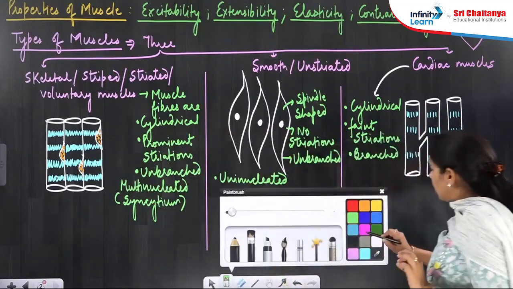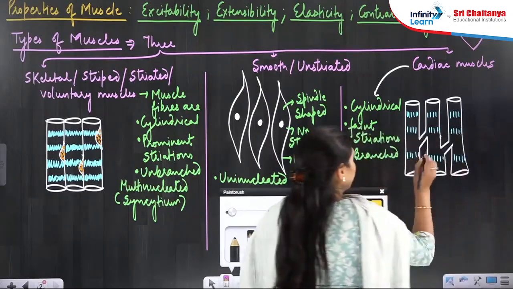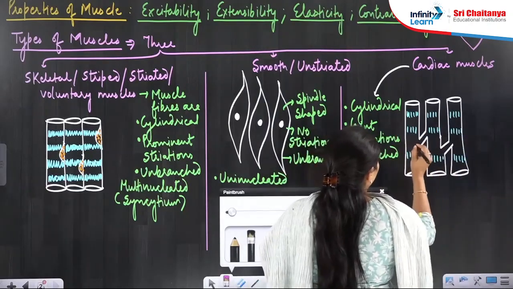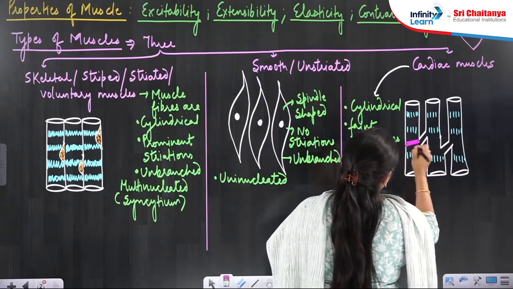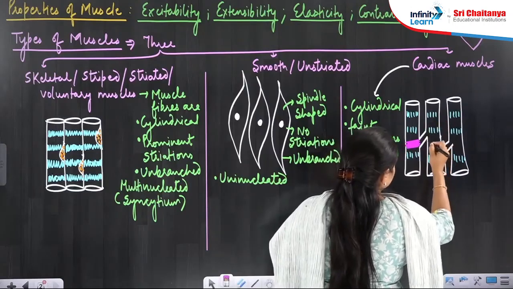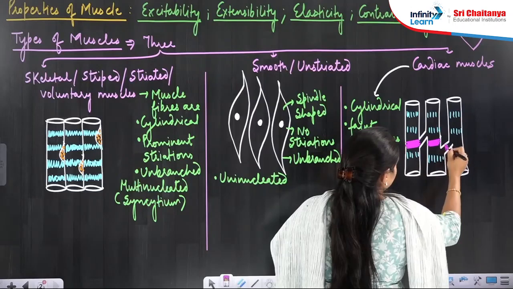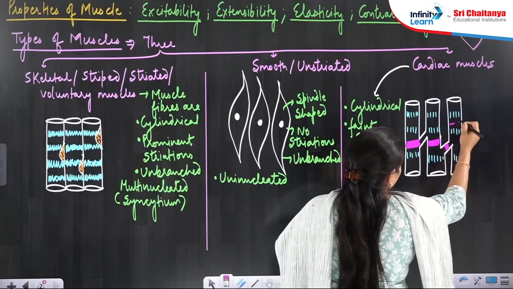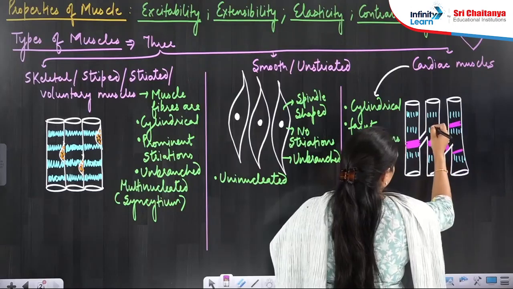So there is a special thing here. You will see a kind of a dark band, and that dark band can be called as intercalated disc. Like this is one disc. Let us suppose this is another disc, right? Let us suppose this is another disc. So is it visible? The pink colored disc is visible to everybody or not?